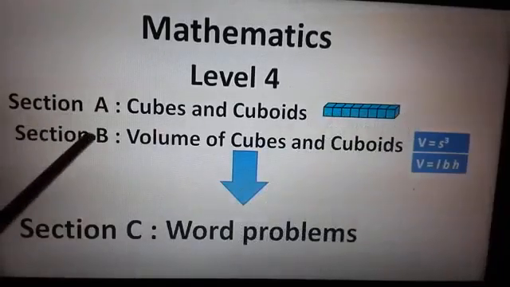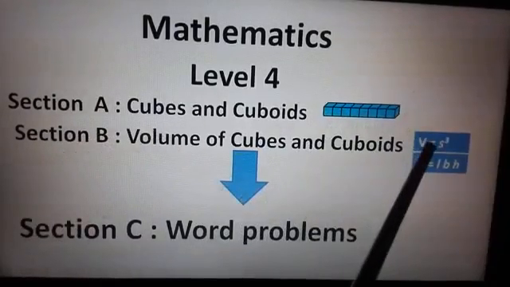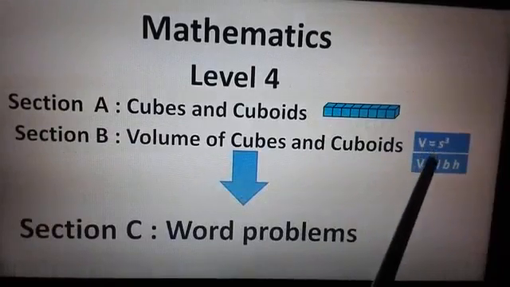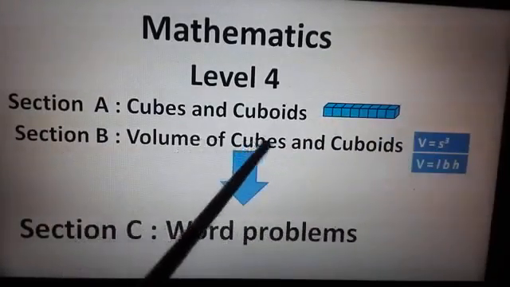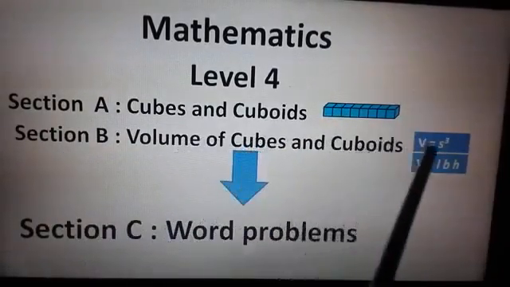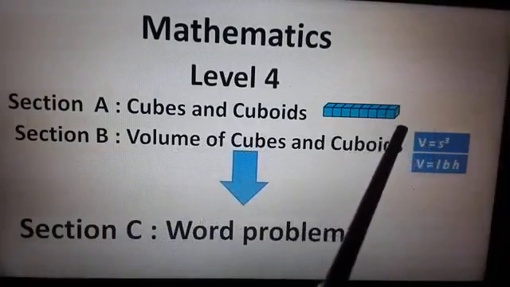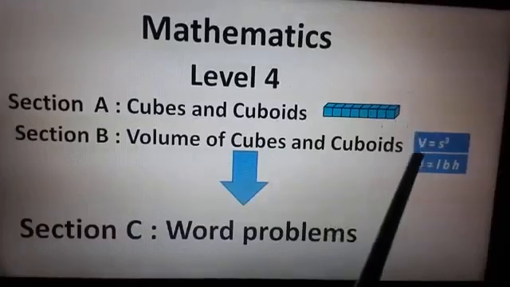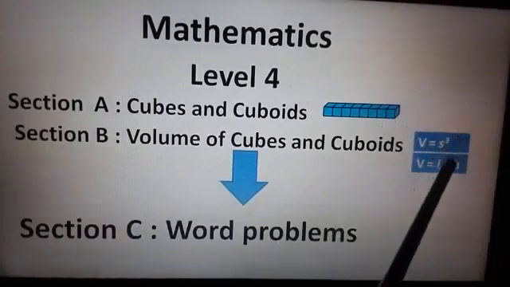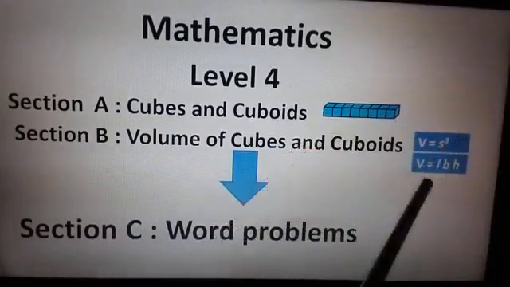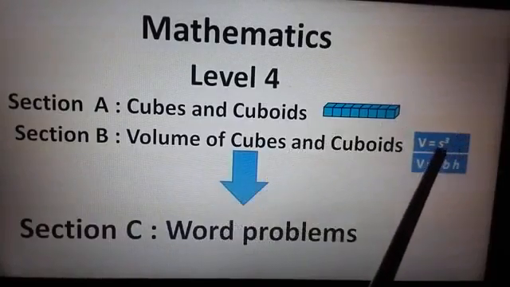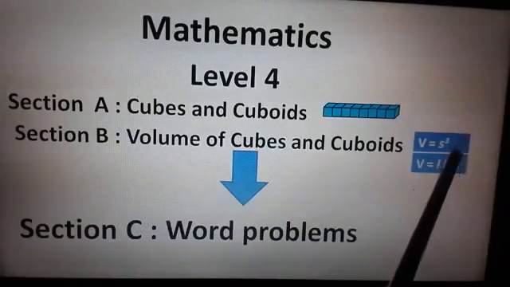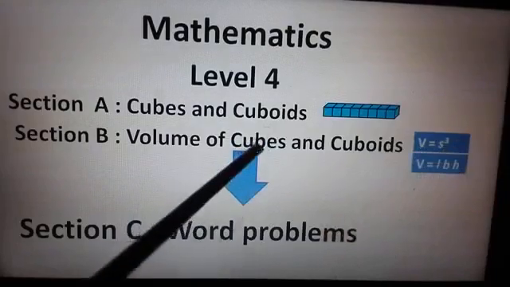In section B, we use formulas or equations to find the volume of cubes and cuboids, because when it is not possible to count the cubes, we cannot find the volume that way. That's why we are using these formulas. For a cube, we use this formula: volume is equal to s cubed, because all the sides are equal for cubes.